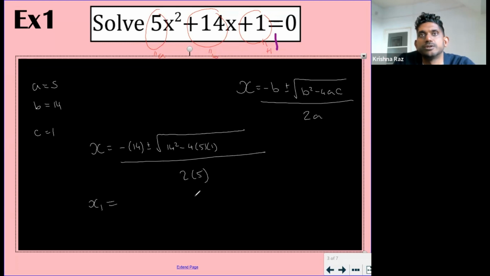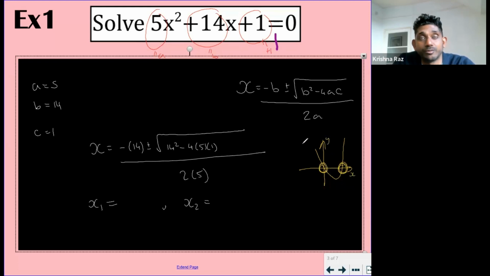And I'll get 2 solutions for x. The reason we get 2 solutions is because the quadratic is a horseshoe shape curve, and that can potentially cross the x-axis in 2 points.